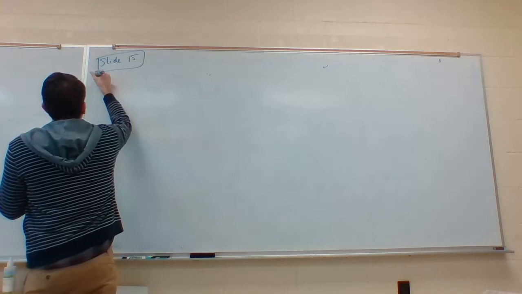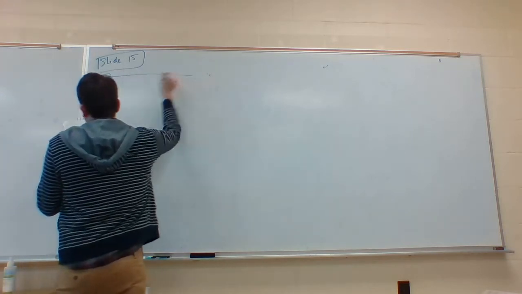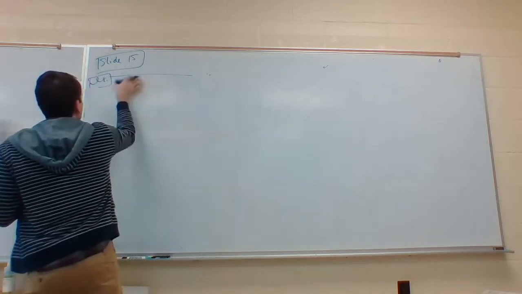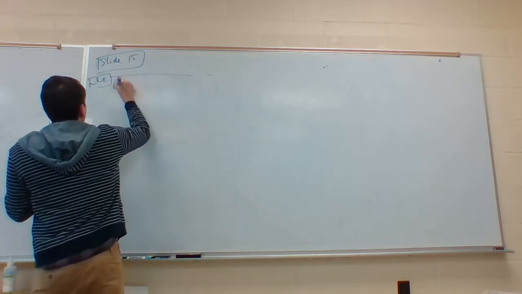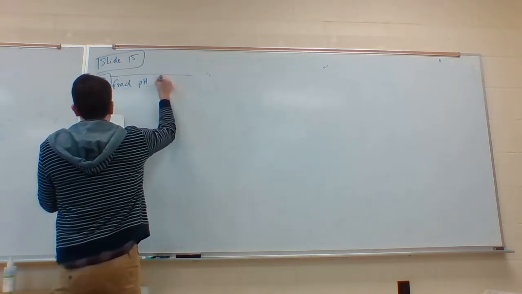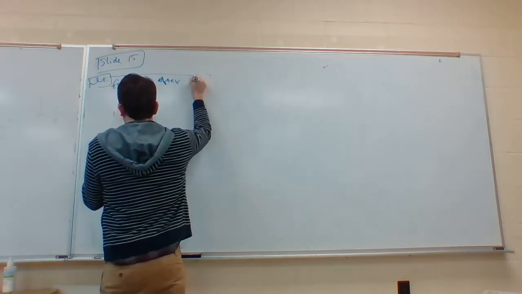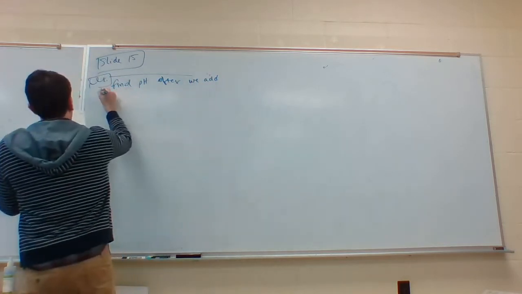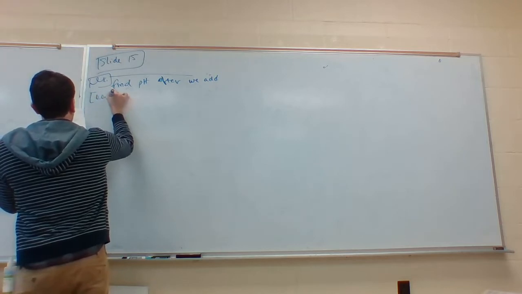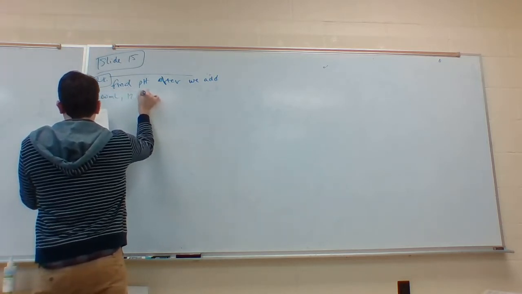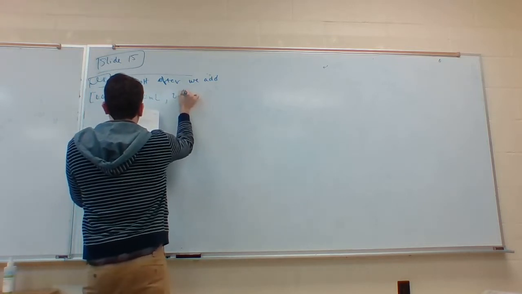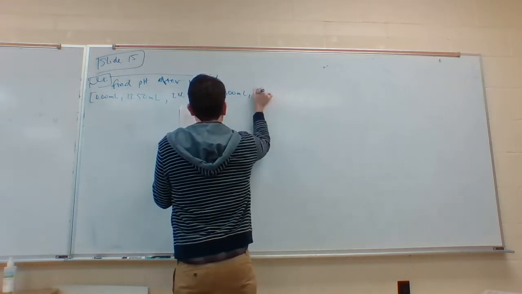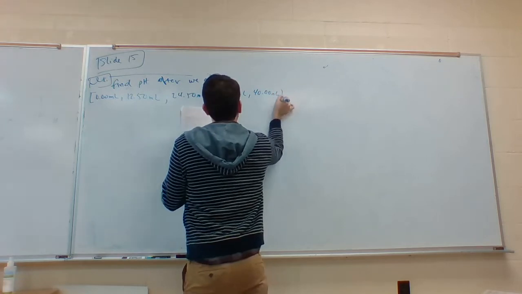For this, we will need to find our pH after we add 0.00 milliliters, 12.50 milliliters, 24.50 milliliters, 25 milliliters, and 40 milliliters.